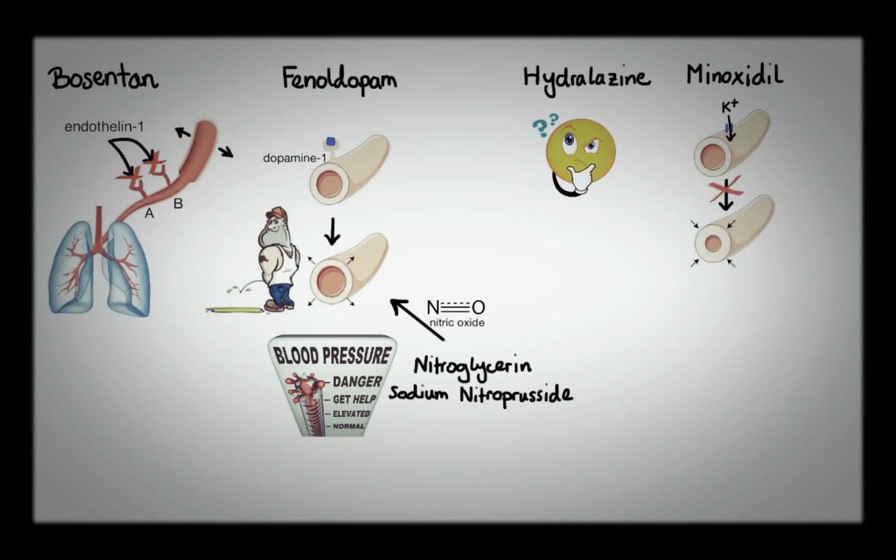While these agents significantly decrease peripheral resistance, they also produce significant compensatory reflex tachycardia and renin release. For that reason, these drugs are typically administered in combination with a diuretic and a beta blocker.